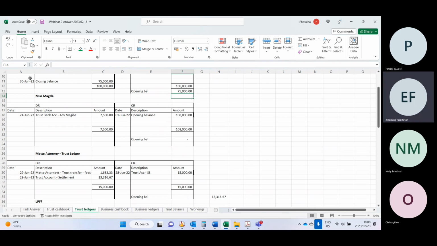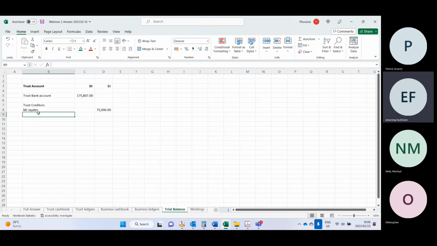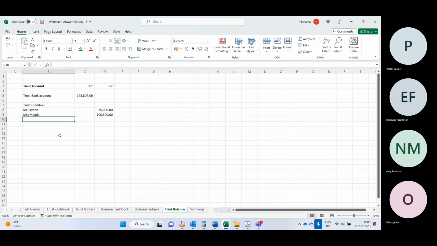You can see we only paid 7,500. So it's going to be 108 minus 7.5, and then we get a balance of 100,500. So Miss Magda, how much? 100,500, like that. If you can have a look at it, it's not balancing.